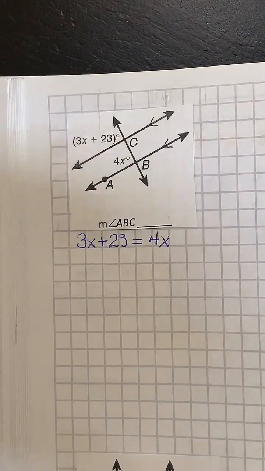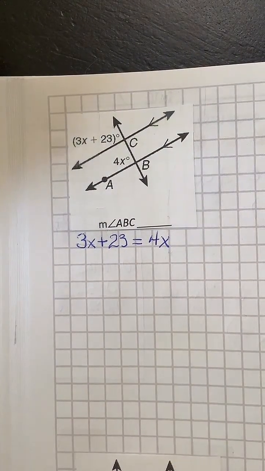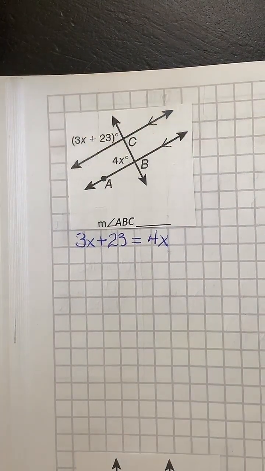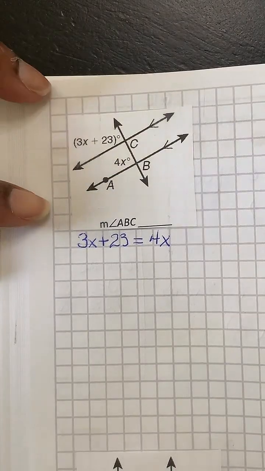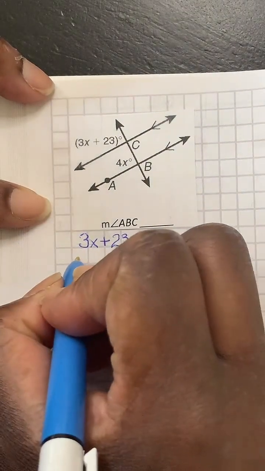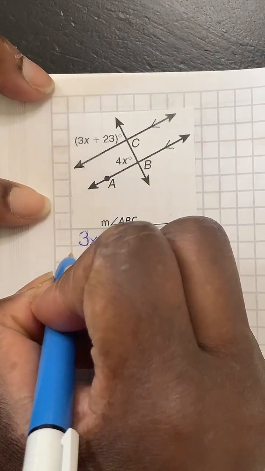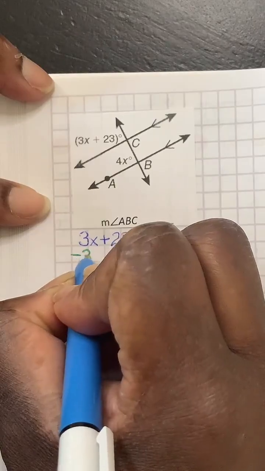So here we are. We want to make sure we get our x's on the same side of the equal sign. It really doesn't matter. A lot of teachers say, I want it on the left-hand side. It could be on the right-hand side for all you want. I know a lot of us don't like to deal with negatives, but we have to even it out.